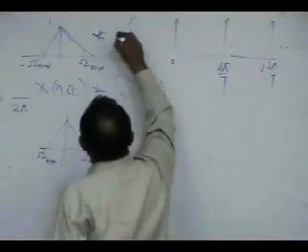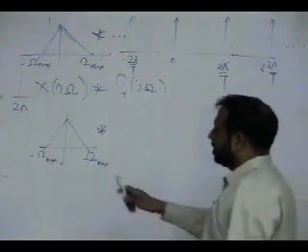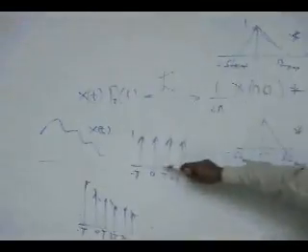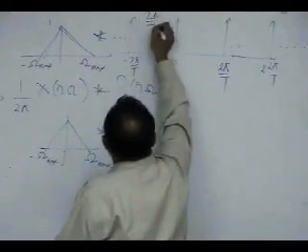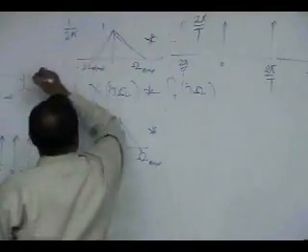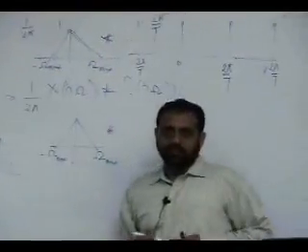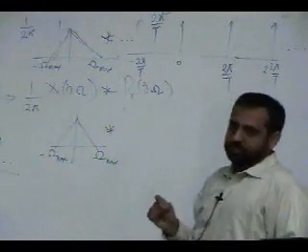The magnitude is 2π over T, and here with the formula comes 1 over 2π, so 2π cancels with 2π. So the Fourier transform of a train of impulses is a train of impulses.